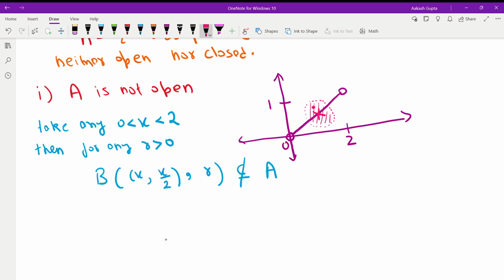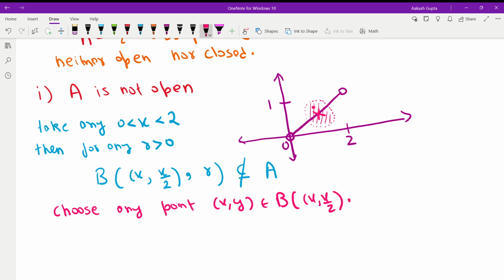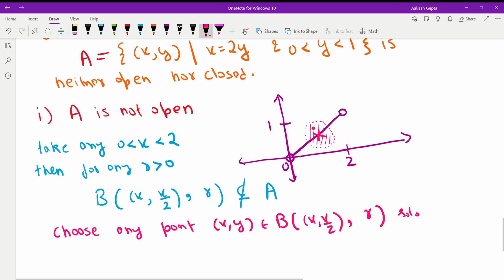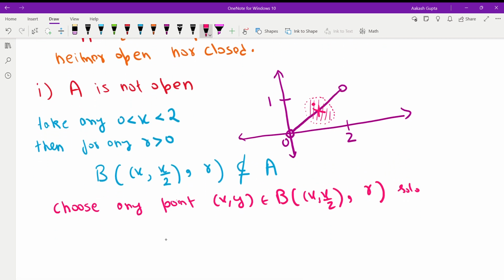So choose any point which doesn't lie on this line. So choose any point x comma y in B x comma x by 2, this is my center and radius is r, such that it doesn't lie on that line. x is not equal to 2y.